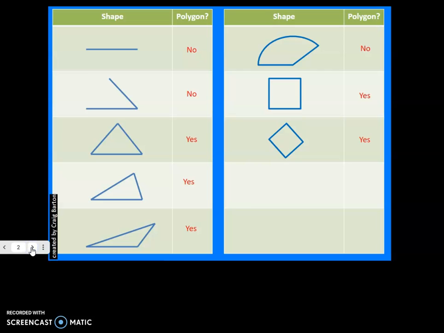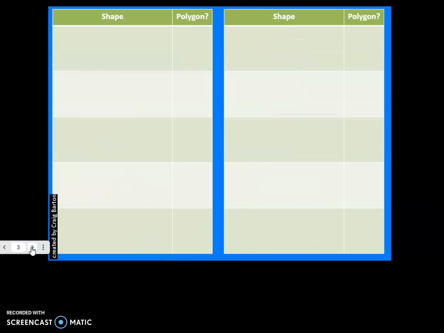Same thing for this one. It's a closed region made up of sides that are line segments. So the last one, it does have that closed region, but the two ends are not straight paths, which is the reason why it's not a polygon.